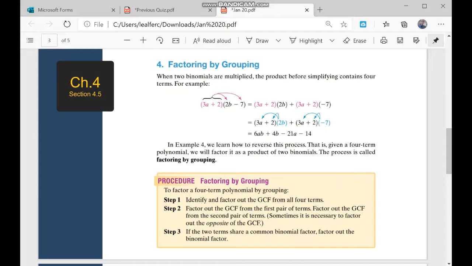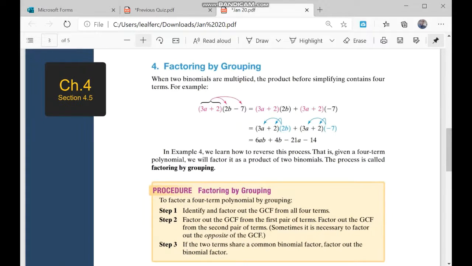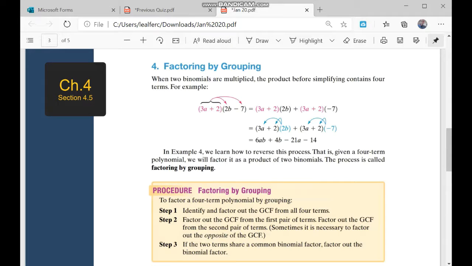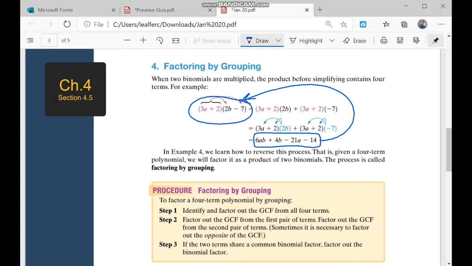When you have a polynomial like this, let me show it here on the screen. Let's say you have a polynomial that has 4 terms like this. Sometimes you can factor it in a way that takes you back to the original binomials that originated this polynomial with 4 terms.